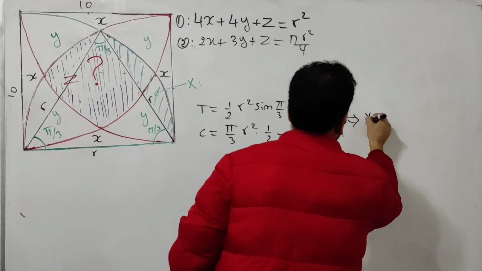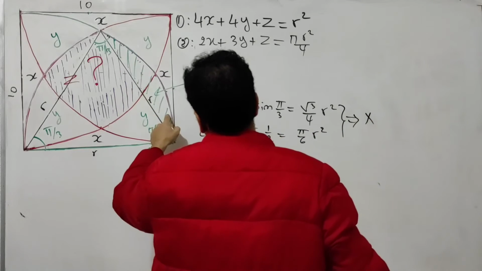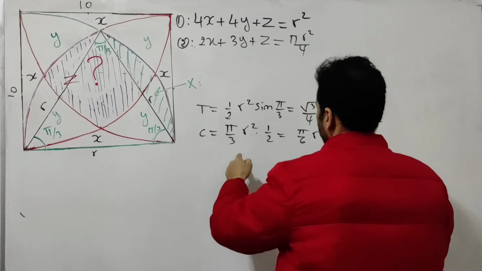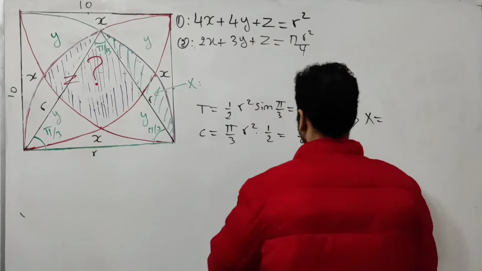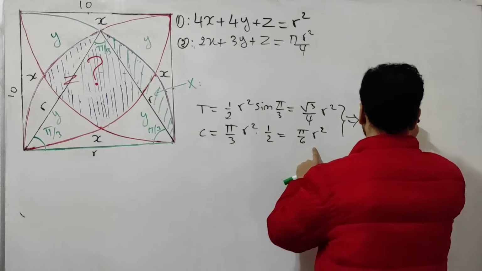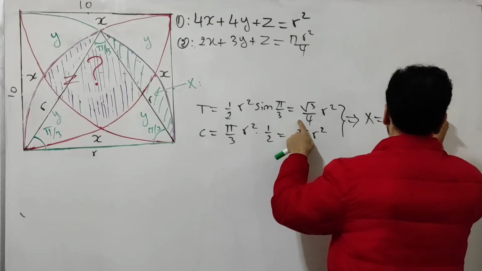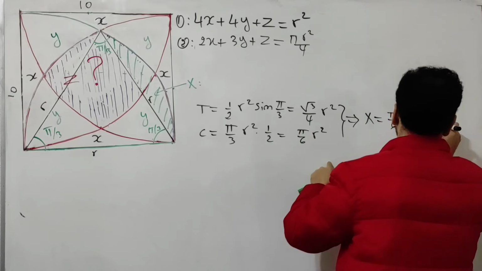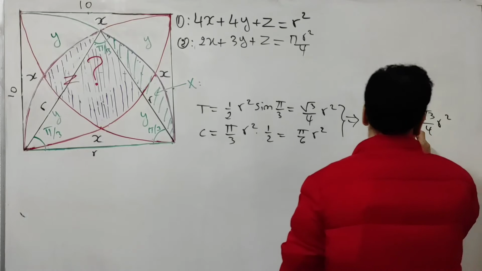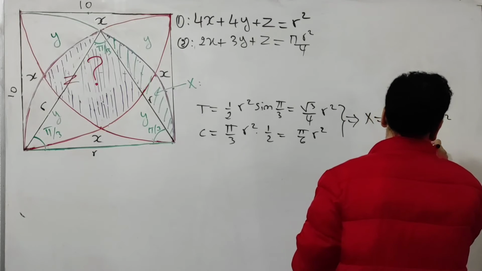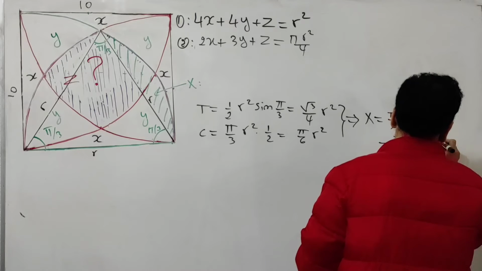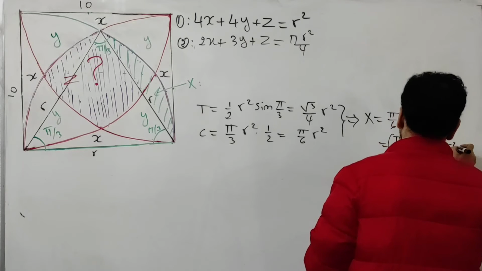So the area of this portion, which is x, equals this area C minus the triangle, which is pi over 6 r square minus square root of 3 over 4 r square. By putting r square as a common factor, I will get pi over 6 minus square root of 3 over 4, multiplied by r square. This is x.